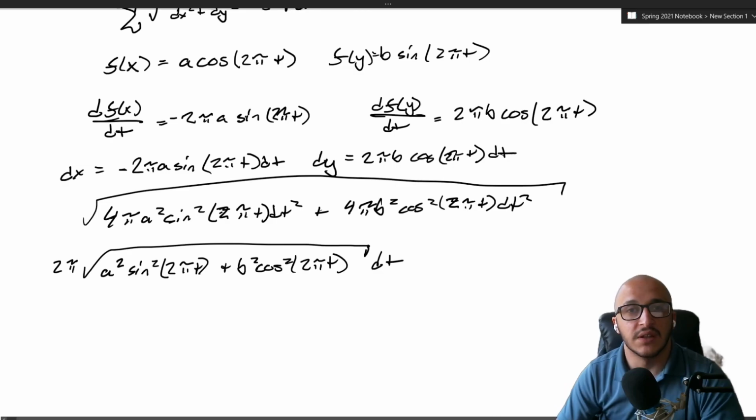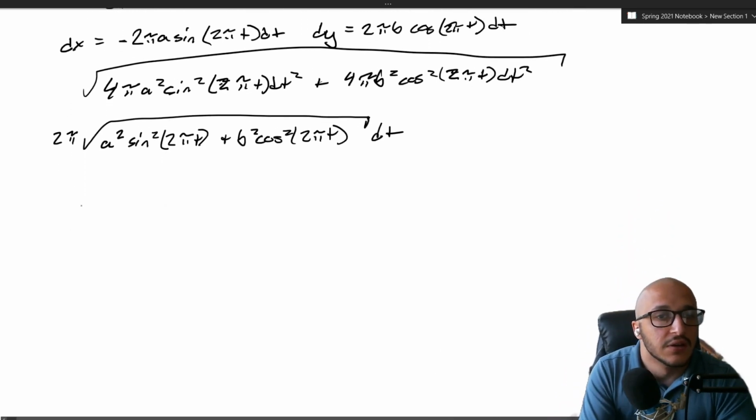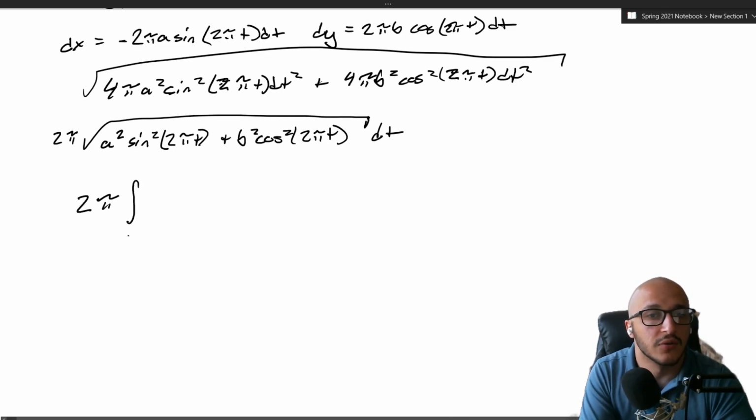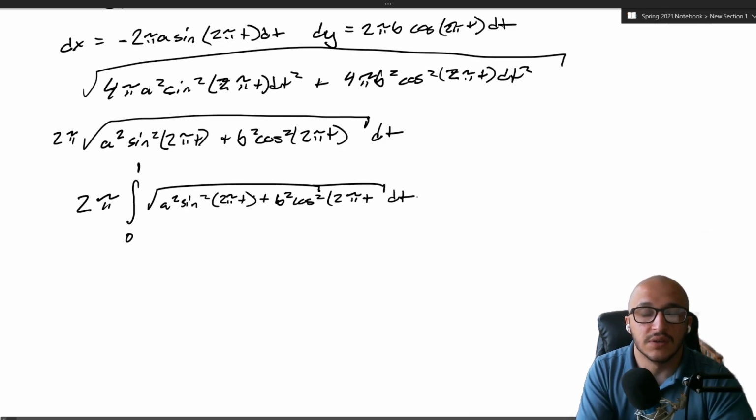So then if we want to integrate, we integrate 2 pi times the integral from 0 to 1 of the square root of a squared sine squared 2 pi t plus b squared cosine squared 2 pi t dt.